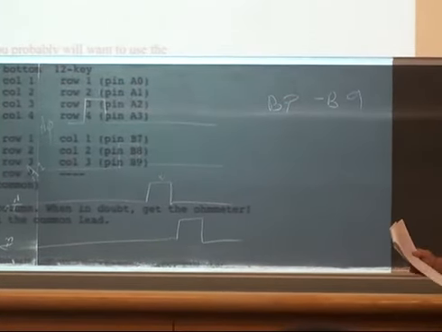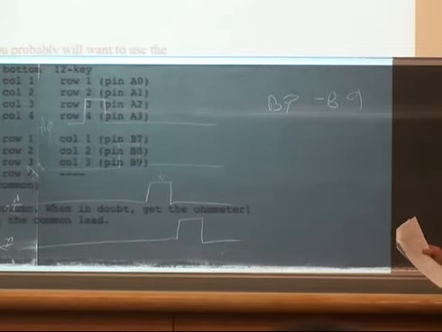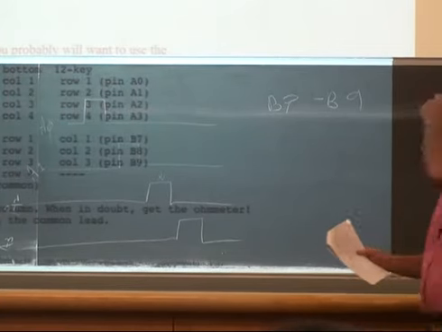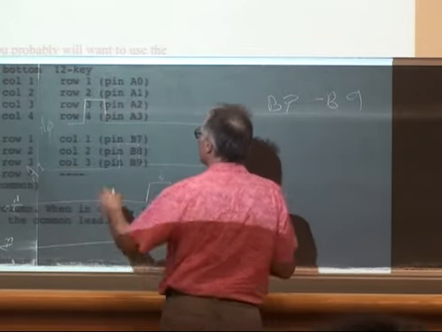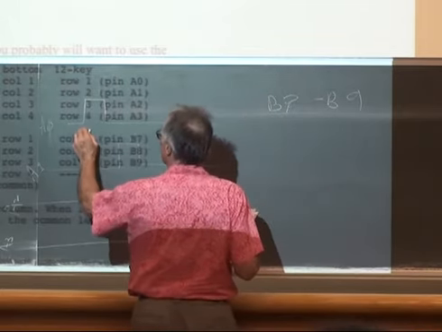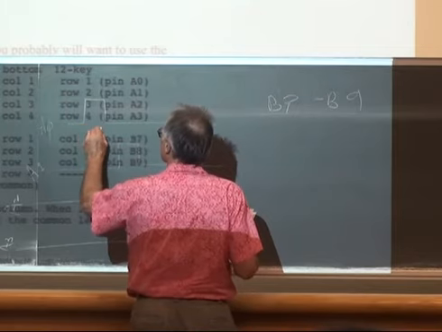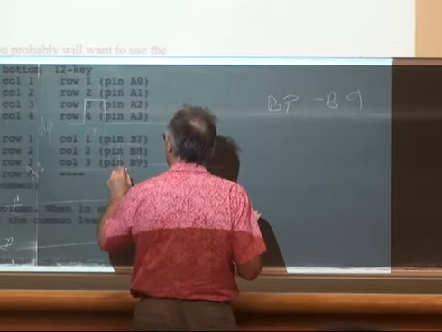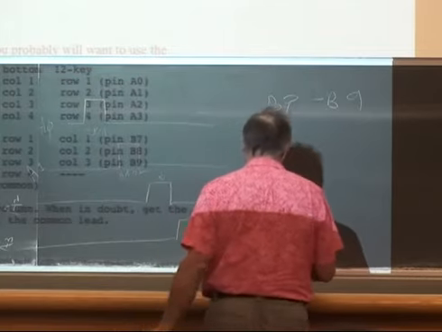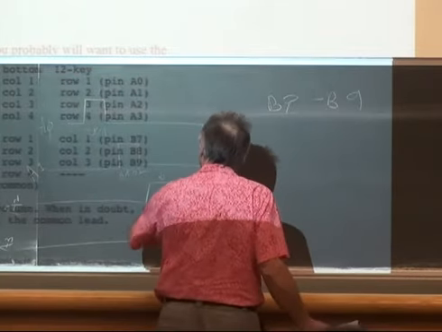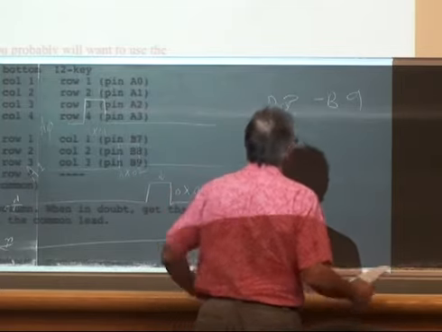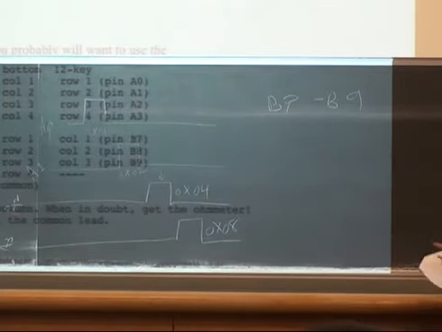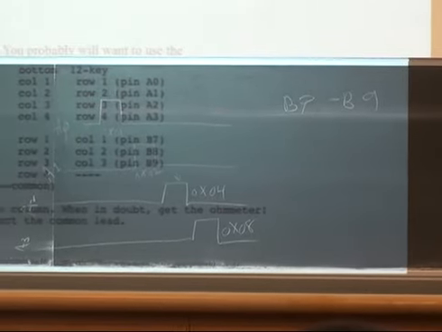Then we're going to concatenate the bits. So we're going to OR together the bit pattern for the drive, which in this case would be 0x01, 0x02, 0x04, and 0x08. We're going to concatenate this with the possible bit patterns for B7 through B9.